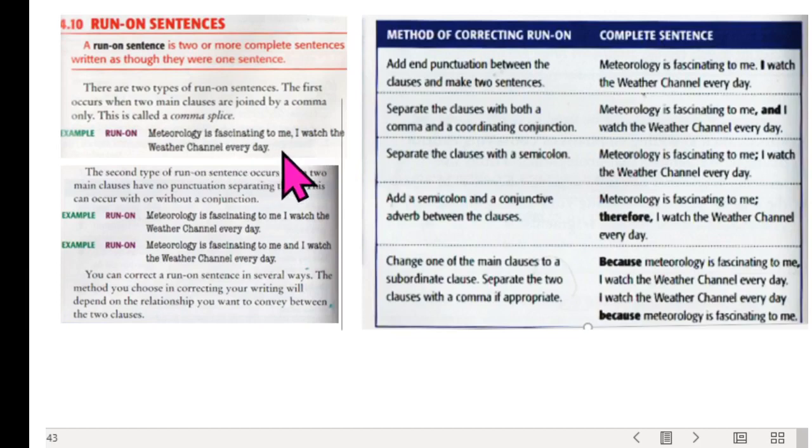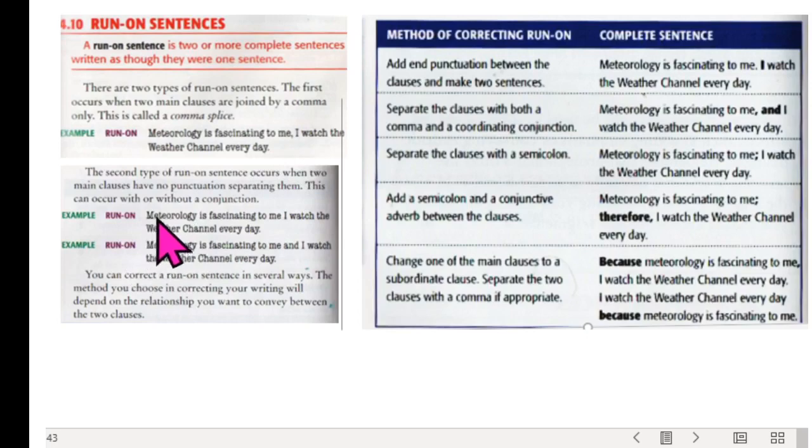That's something we do very often in Spanish. But in English, we need to use the connectors to see how each clause relates to the other. So, meteorology is fascinating to me and I watch the Weather Channel every day. Okay, that'll be correct. Another example, here they were missing the connector.